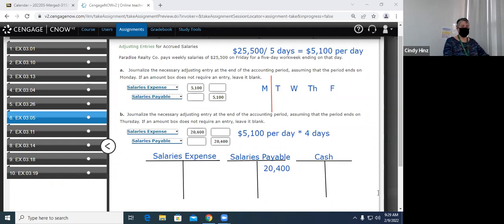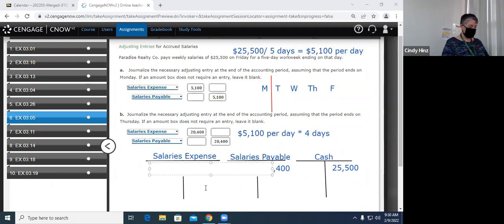And so what does that look like? On Friday, we're going to pay the full $25,500. So we're going to credit cash. We would debit $20,400 to salaries payable because we will not owe that anymore. We need to zero out that liability because now we have paid it.